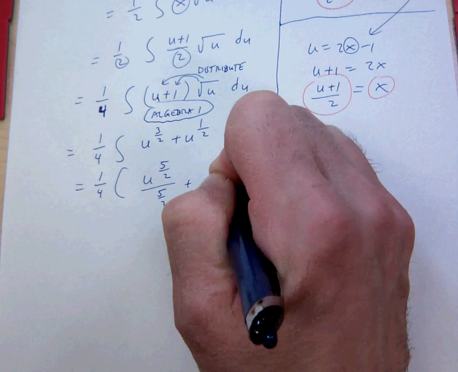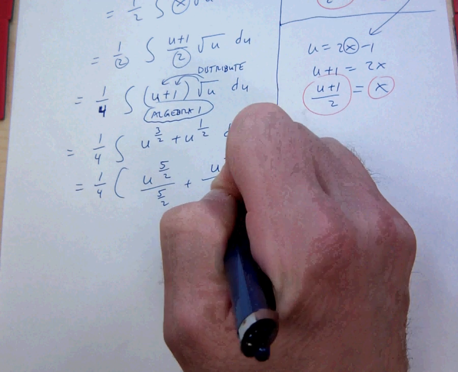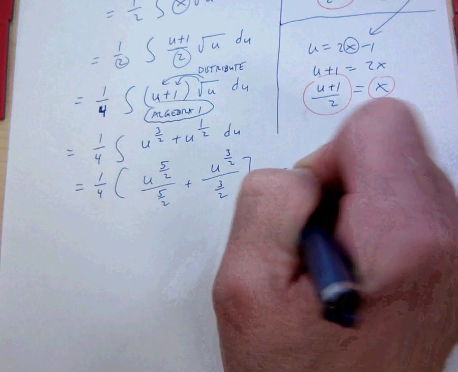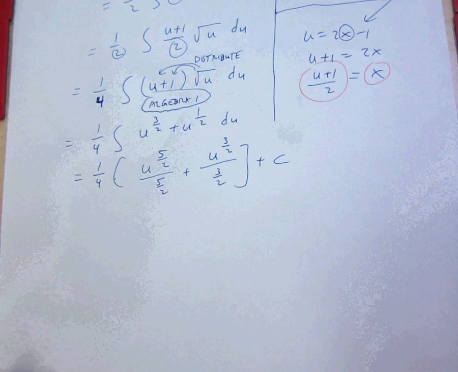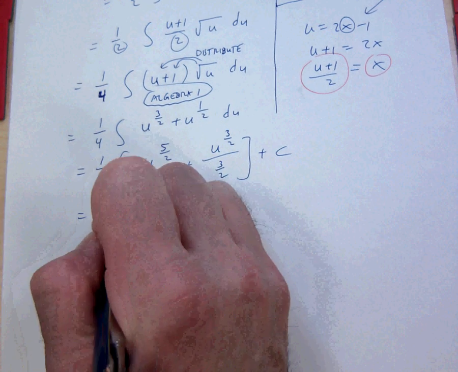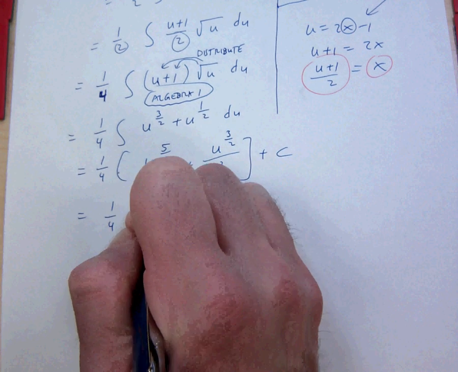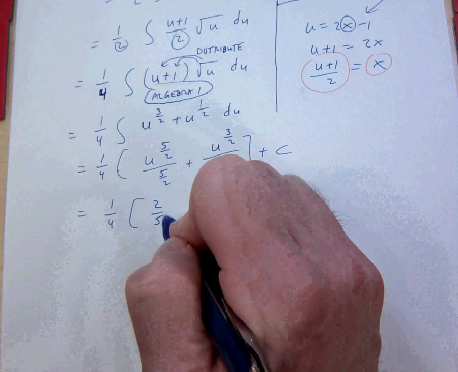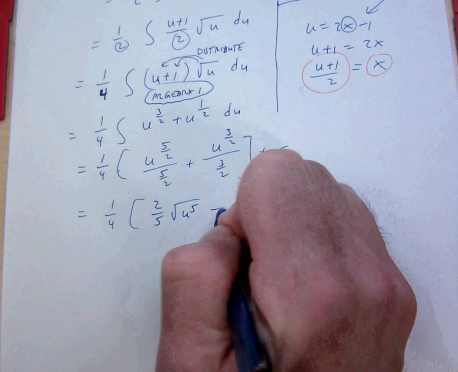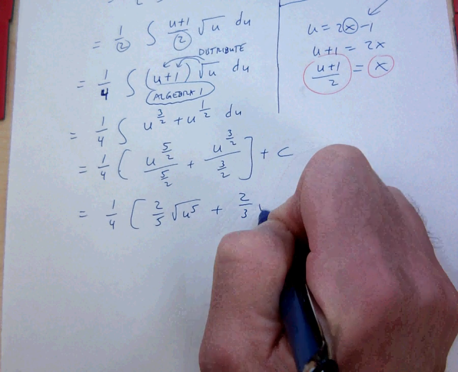Same thing here. Add 1 to the exponent, divide by my new exponent, plus c. And then just clean this up. Let's see, this becomes 2/5 square root of u to the 5th. This becomes 2/3 square root of u cubed.